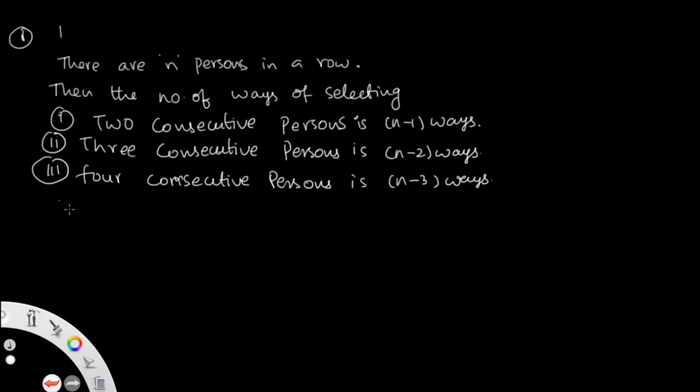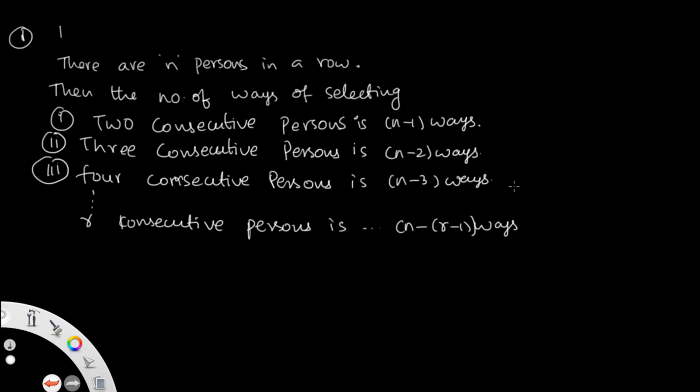And so on, we can generalize it: r consecutive persons is n minus of r minus 1 ways.